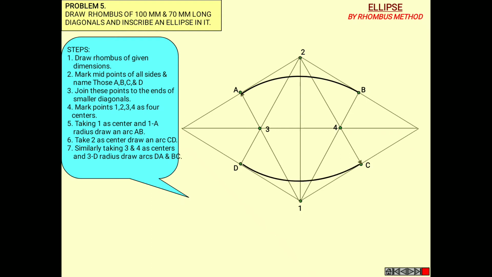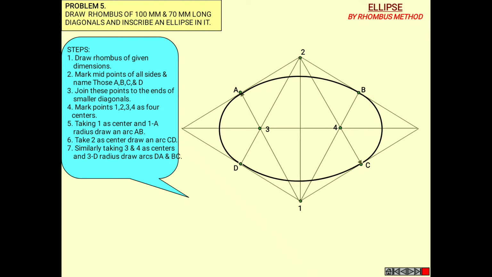Now similarly 3 and 4 as centers and 3 to D as radius, draw arcs DA and BC. So we will obtain an ellipse by using the rhombus method.